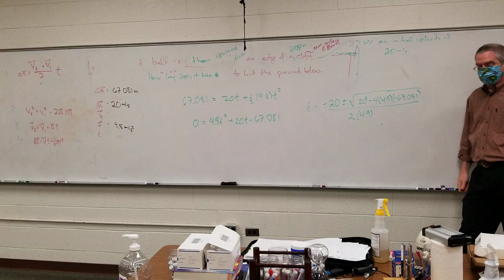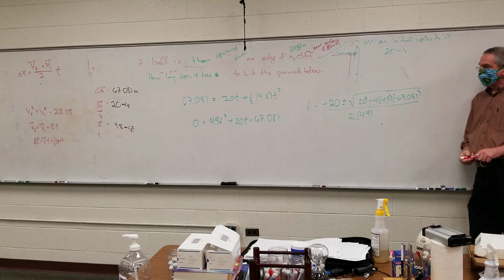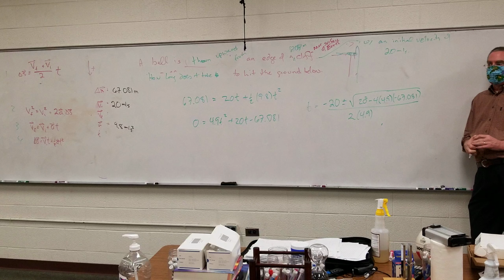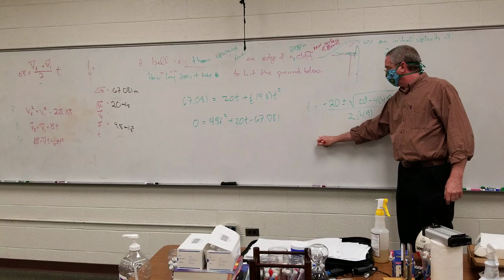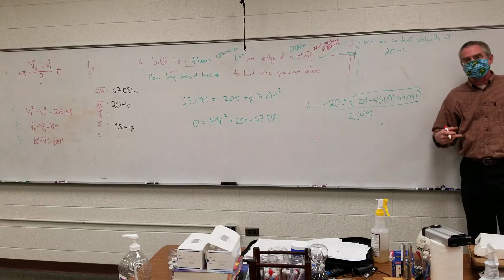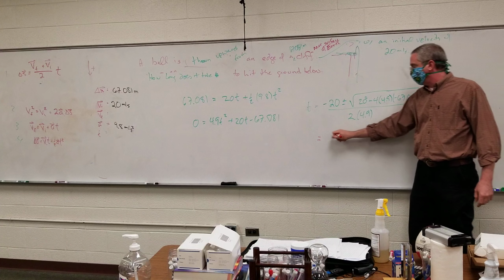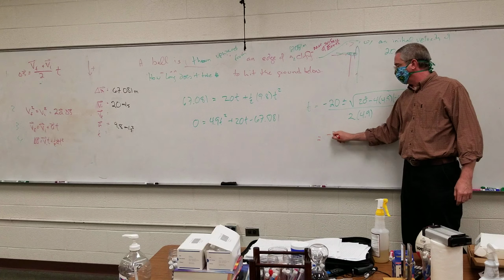Mathematically, we'll have two answers. Both answers won't necessarily make any sense. So if we could have, first, the discriminant. Discriminant's the part under the radical, so if someone could tell me that first as we work our way through here. Plus or minus the square root of something over 9.8.